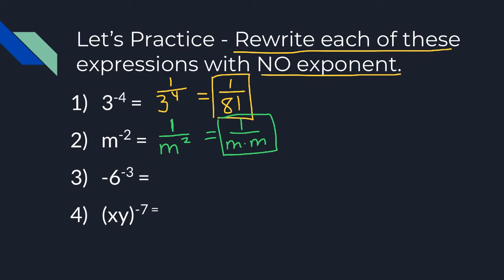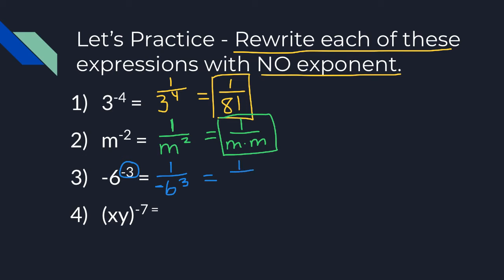All right, let's try this one. 1 is my placeholder. Move the negative 6. Don't get rid of that negative. Negative 6 goes to the denominator. Instead of negative 3, make it a positive 3. Ditch that negative. I can't have an exponent.